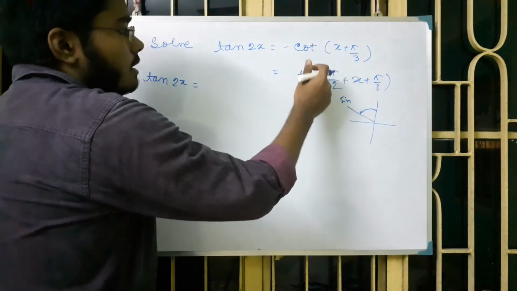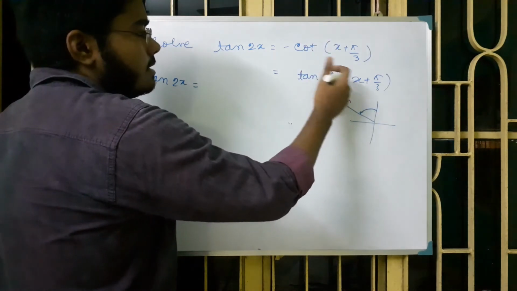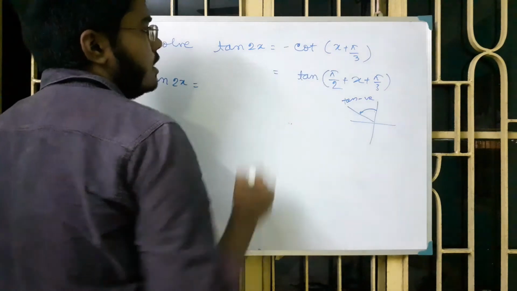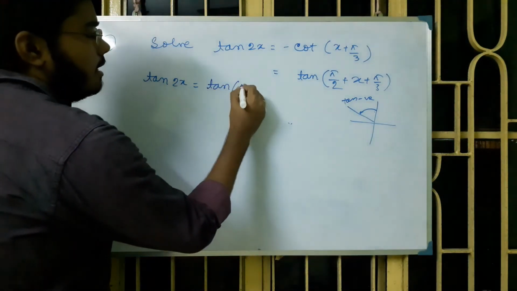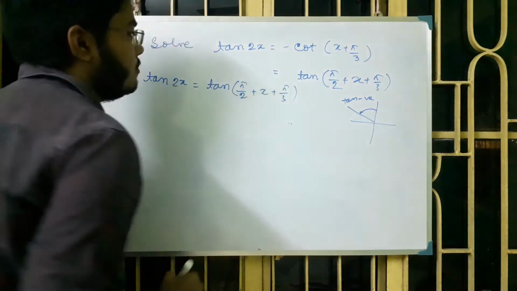So tan will become cot. As it is pi by 2, tan will become cot, and in the second quadrant tan is negative, so it will be negative. So tan 2x equal to tan of (pi by 2 plus x plus pi by 3).